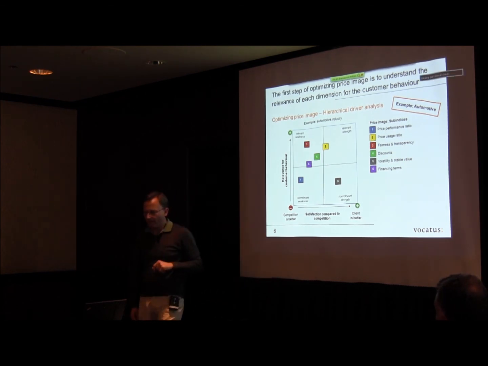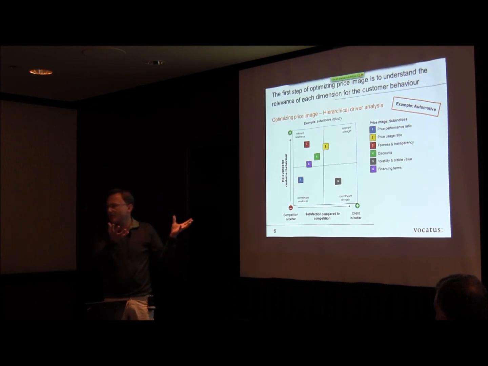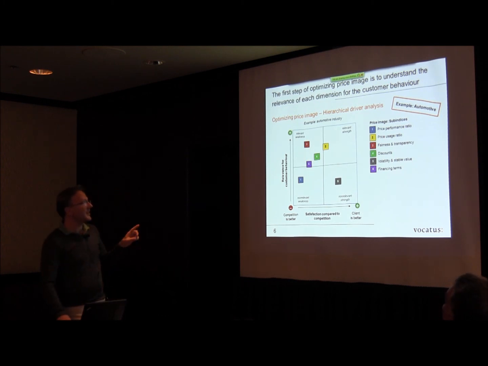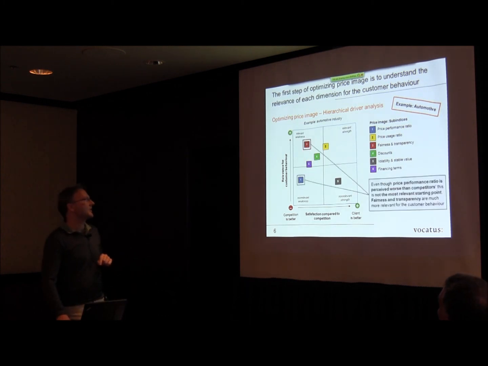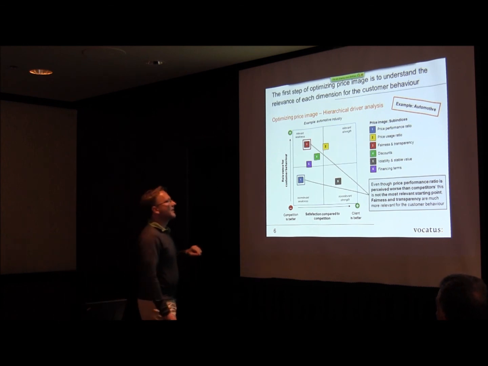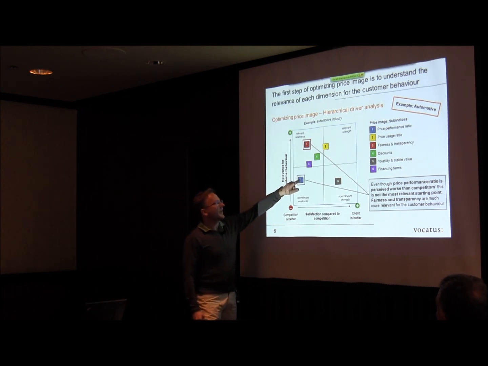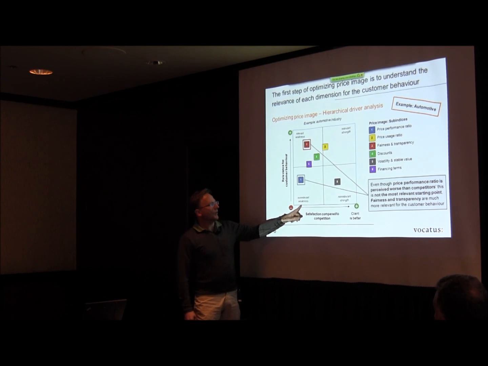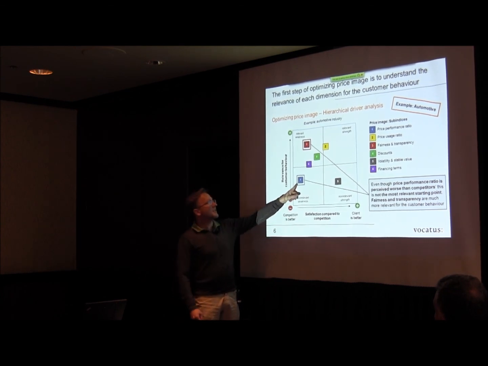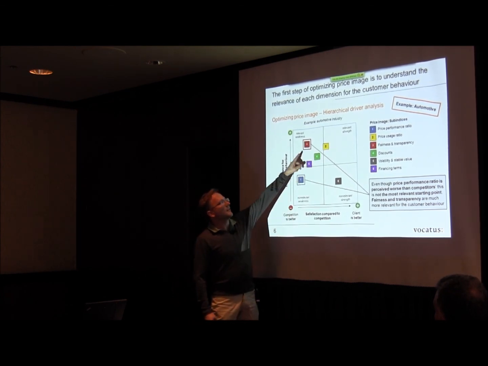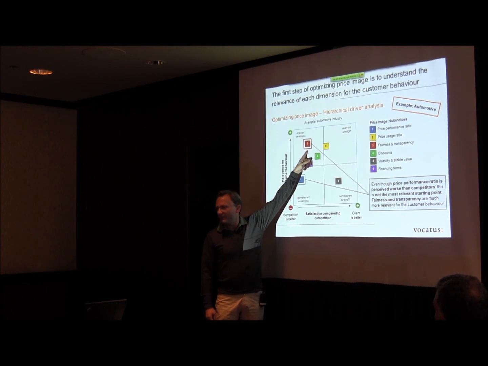It's similar to a satisfaction study and the analysis behind it. If you see where all those drivers are positioned, you see that the price-performance ratio here is worse than the competitor, but less important than, for example, the fairness and transparency of the price structure.